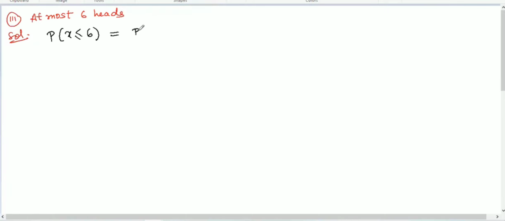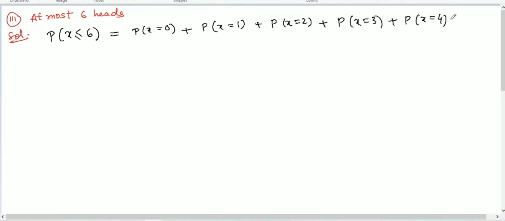It means probability of x equal to 0 plus probability of x equal to 1, plus probability of x equal to 2, plus probability of x equal to 3, plus probability of x equal to 4, plus probability of x equal to 5, and plus probability of x equal to 6. All you have to calculate to get at most 6 heads.